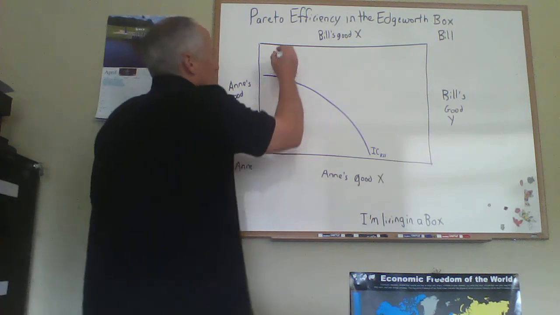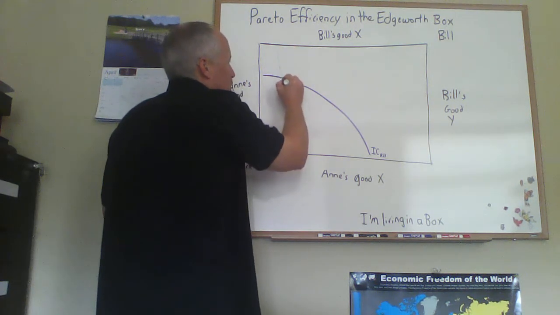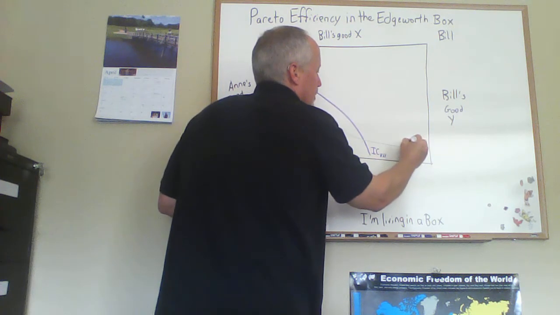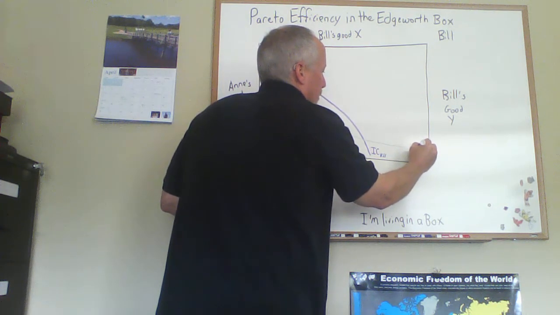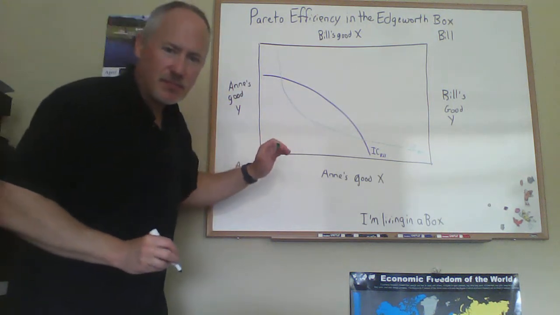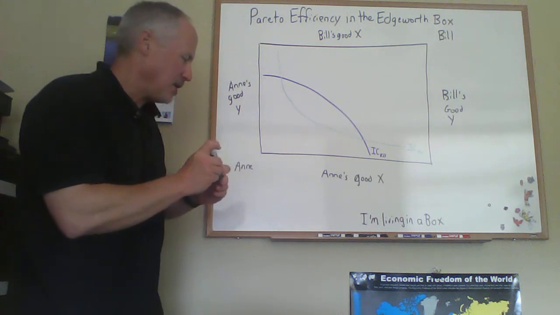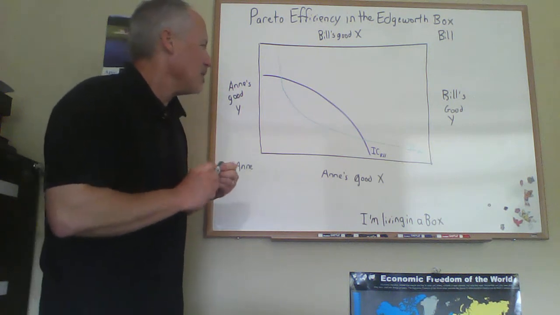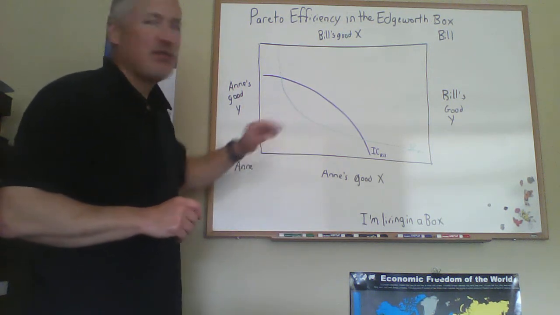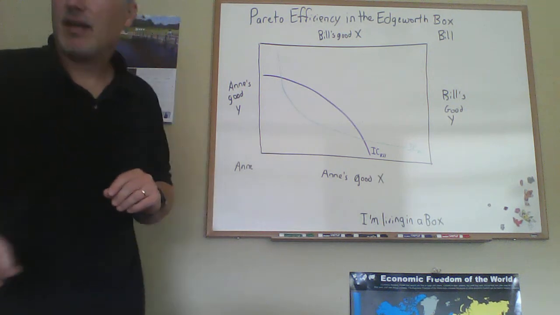So I'll draw a normal kind of indifference curve for Ann, and this will be one that doesn't work. So here's an indifference curve. It's in green. Probably not a very good color to be using here. So I have an indifference curve here for Ann.